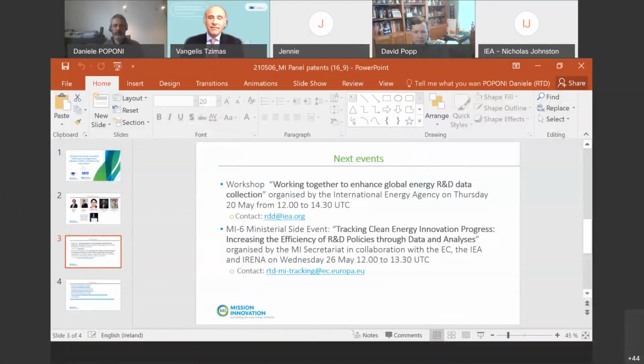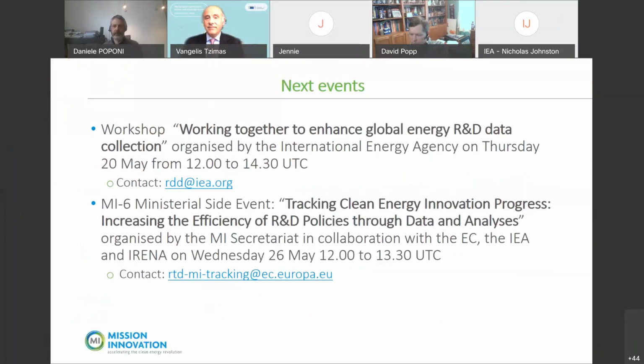Okay, so here we go. So the first event is a workshop on working together to enhance global energy R&D data collection, organized by the International Energy Agency on Thursday, the 20th of May. By the way, all participants in today's panel will receive an invitation to both events, but just in case, here you have two functional mailboxes.